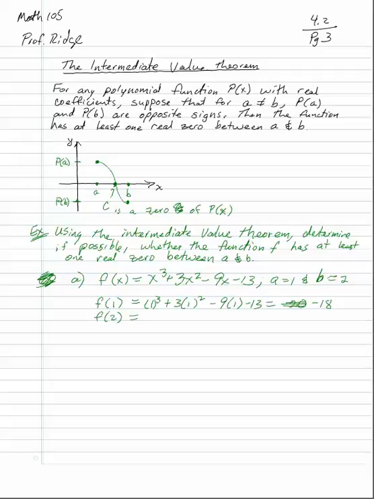And then we're going to plug in 2. 2 cubed plus 3 times 2 squared minus 9 times 2 minus 13 equals negative 11.